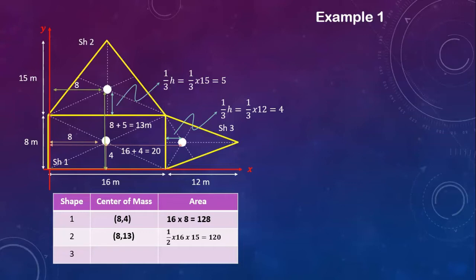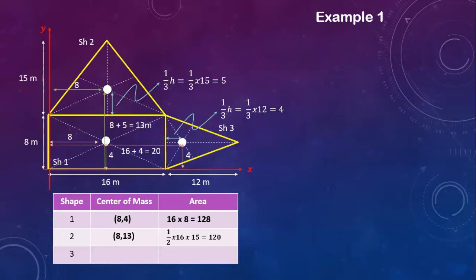Okay, what about the y component of the center of mass? That's very easy. We found that the y component of the center of mass of this triangle is 4 meters. How do you know that?